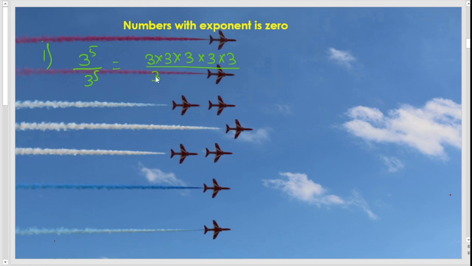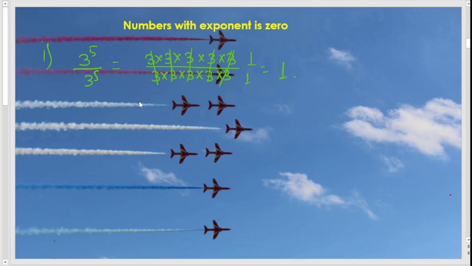Again 3 into 3 into 3 into 3 into 3, also multiplied 5 times. What happens? 3 cancels with 3, again and again, and what remains is 1 divided by 1, that is 1. So 3 to the power 5 divided by 3 to the power 5 is equal to 1 here.